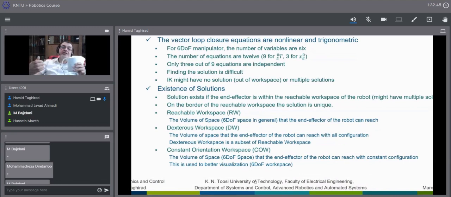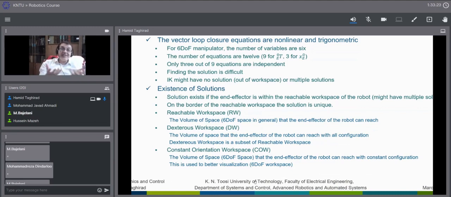A constant orientation that we can reach to this point, at least, we call it the volume of space that the end effector of the robot can reach with constant configuration. At least with constant configuration, theta is equal to 90 degrees, or theta is equal to 0 degrees, or whatever we want. If we can have it with all angles, then we call it the dexterous space. And why this is important: it is very hard to visualize a 6 degree of freedom space.